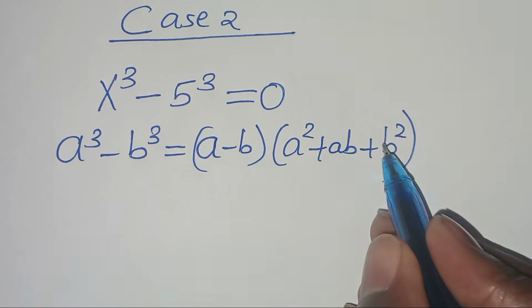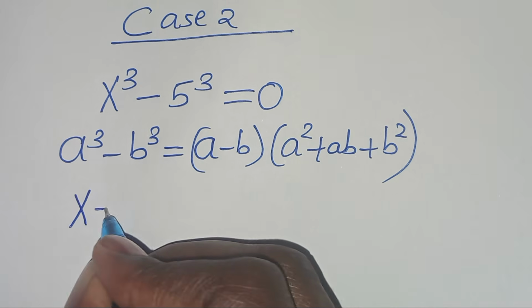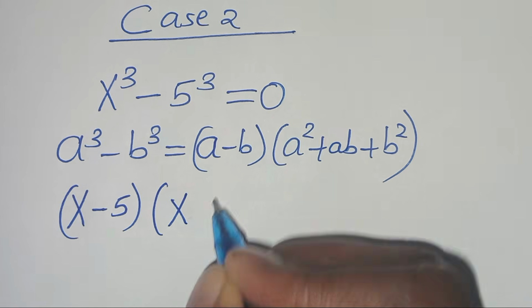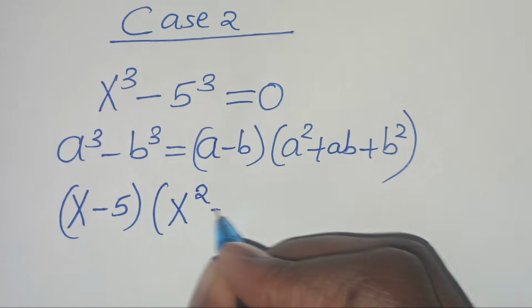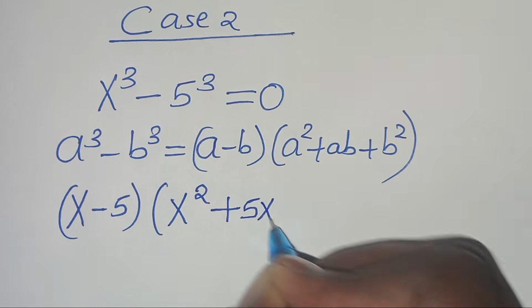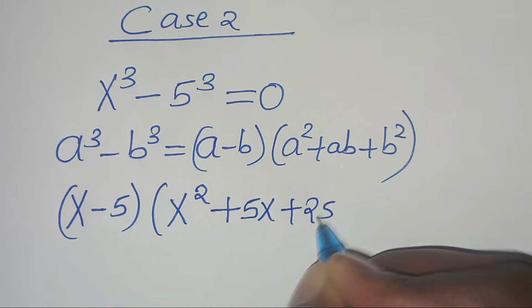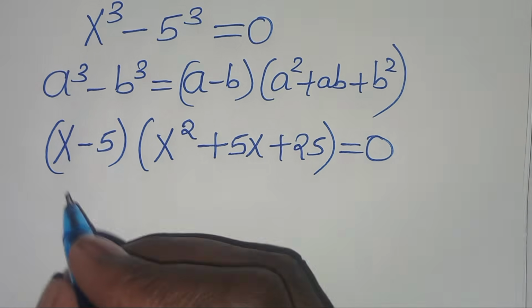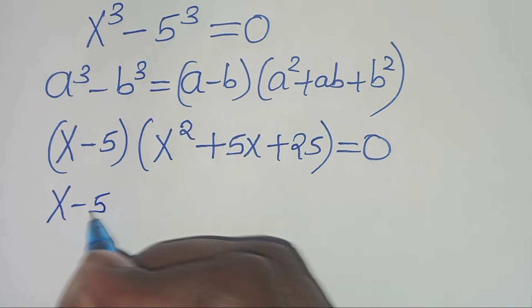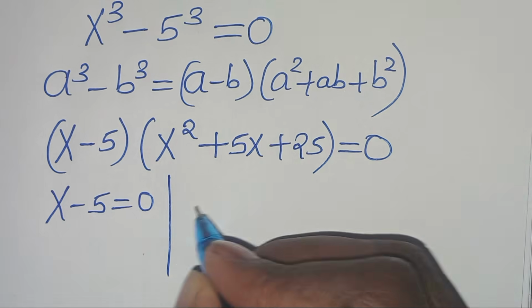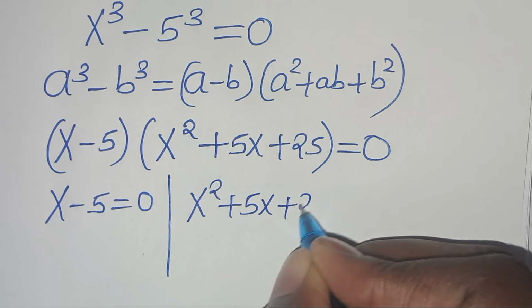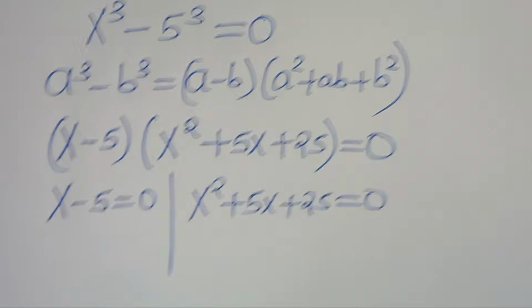Applying this identity, we have x subtract 5, times x to the power of 2 plus 5x plus 5 to the power of 2, which is 25, equal to 0.